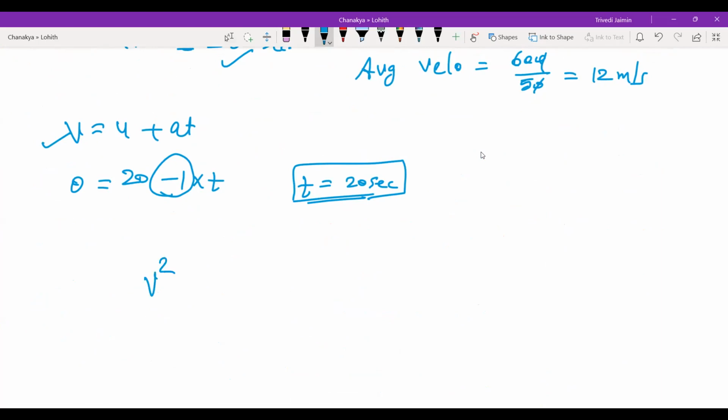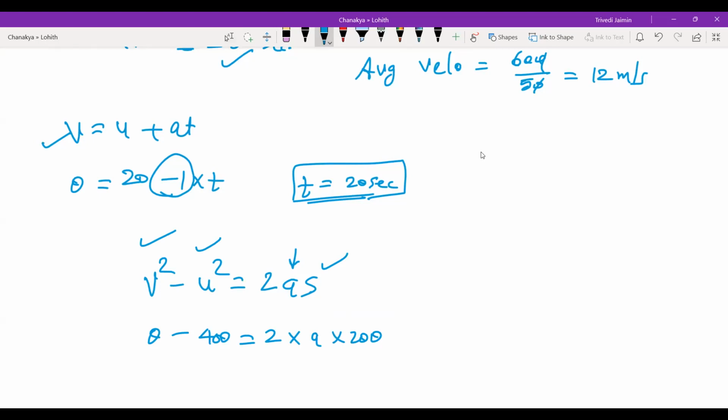We cannot use v equals u plus at because we don't have t, and we don't have a. So we use v square minus u square equals 2as: 0 minus 400 equals 2 into a into 200.